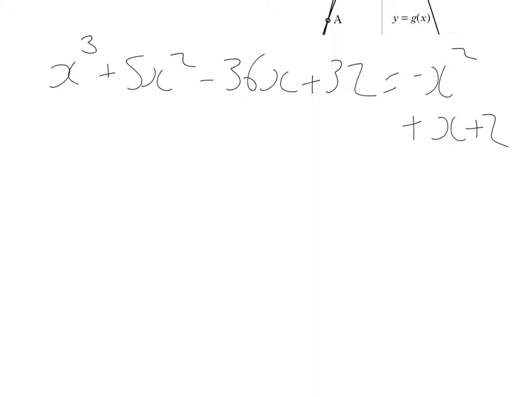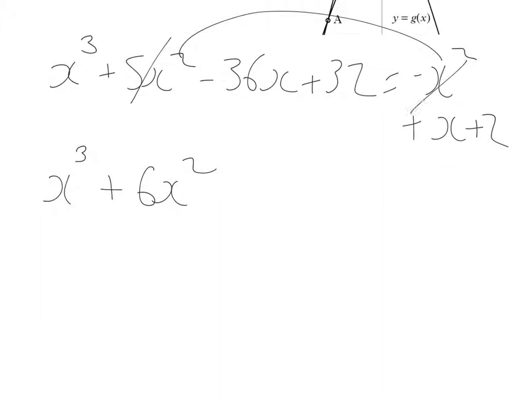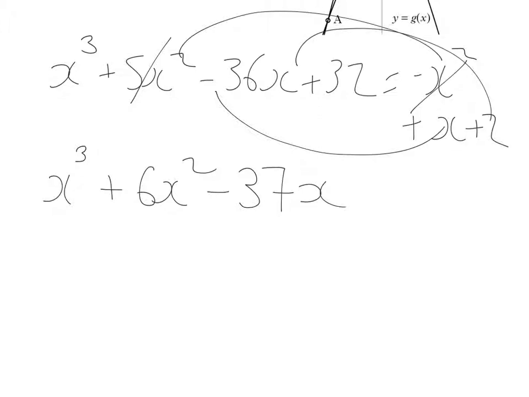Now from there, we can bring everything across, make it equal to 0. x cubed, minus x squared comes across and becomes plus x squared, so it's plus 6x squared. Plus x comes across, becomes minus x, so that's minus 37x. Plus 2 comes across, becomes minus 2, so plus 32 minus 2 is plus 30, and that's equal to 0.